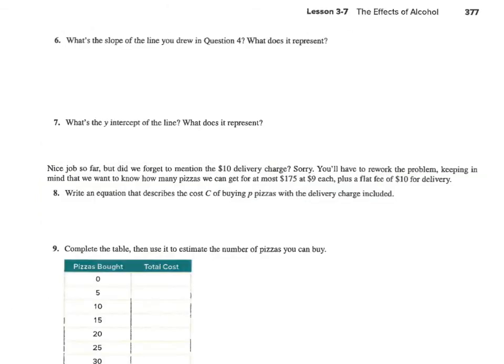Okay, number 6 asked us, what's the slope of the line you drew in question 4 and what does it represent? Well, I would like to look at number 3 for a couple of our ordered pairs. I'm going to choose (0, 0) and (5, 45). When I find my slope, it's the difference in y over the difference in x, and remember, I like to say change in y over change in x.